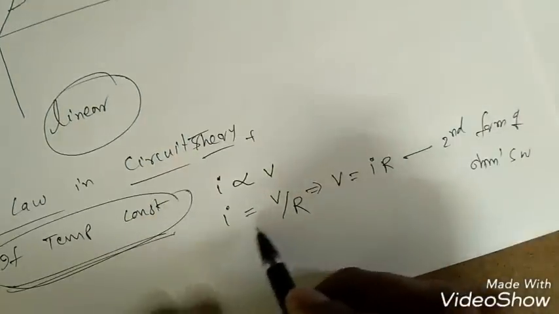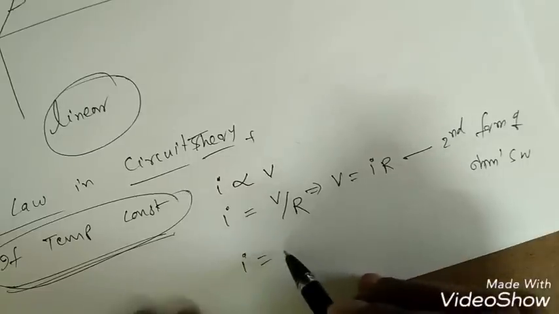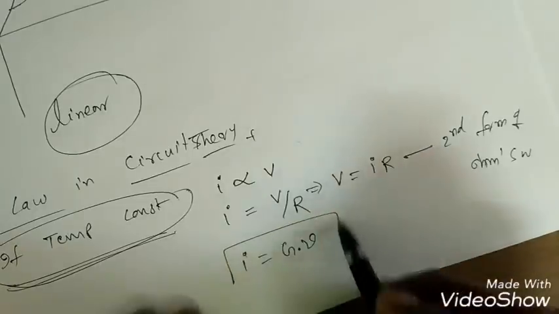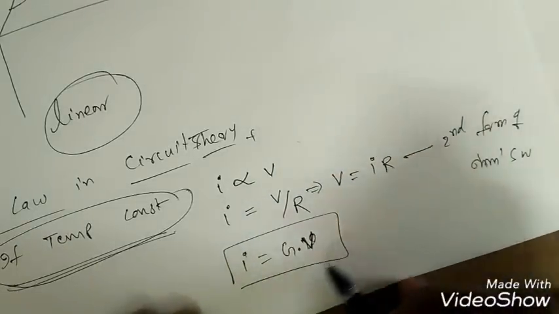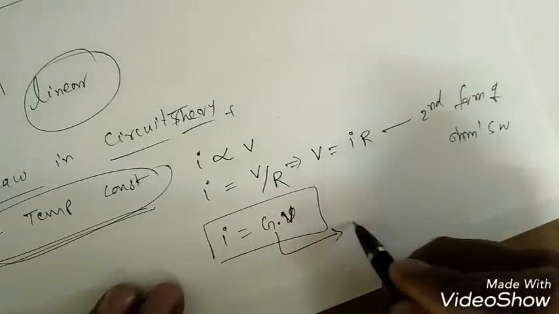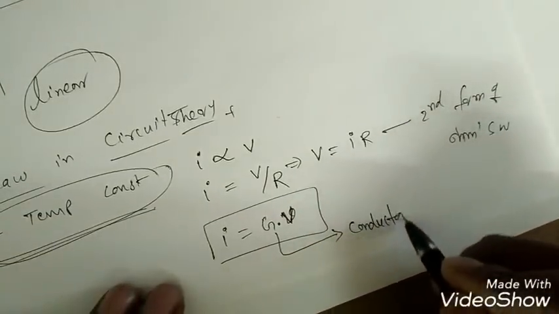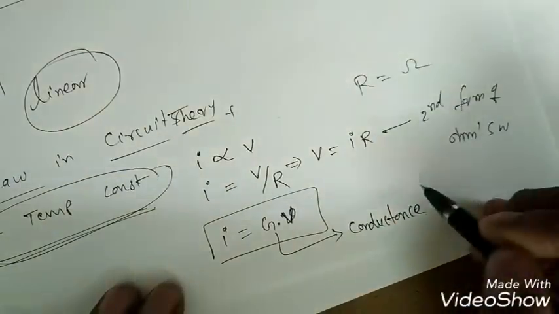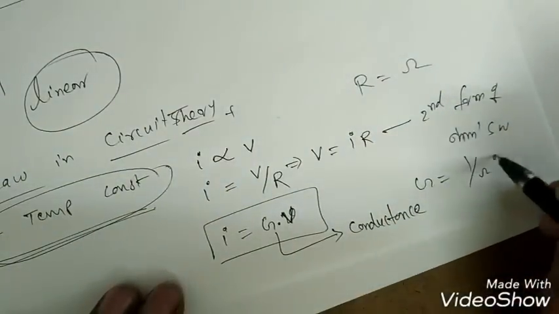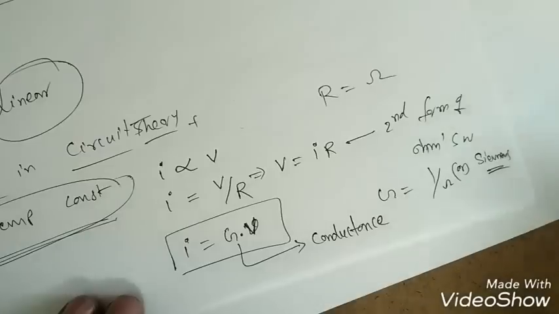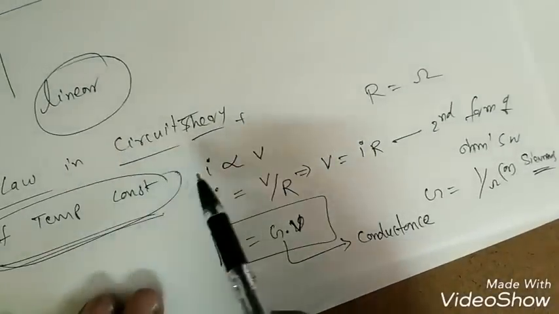This can also be written like this: I is equal to GV, where 1 by R is written as G. G is the conductance. Resistance units are ohms, so conductance is 1 by ohms, or we can say Siemens. So this is Ohm's law in circuit theory.